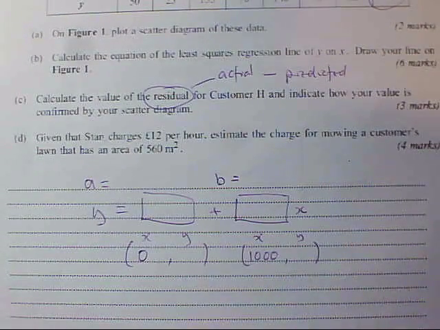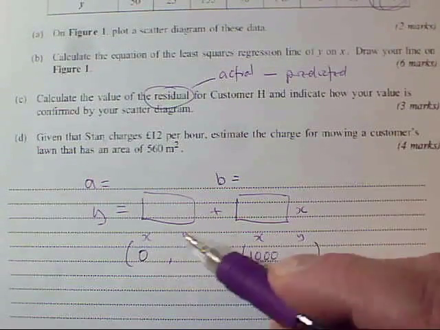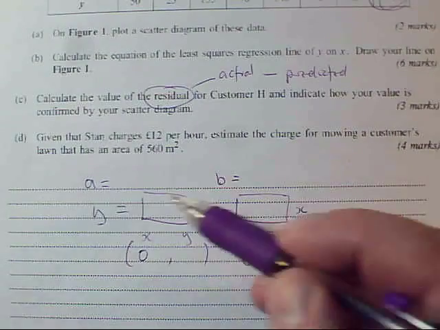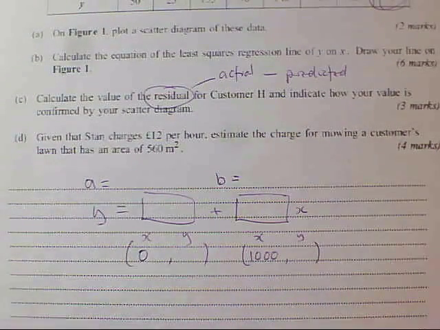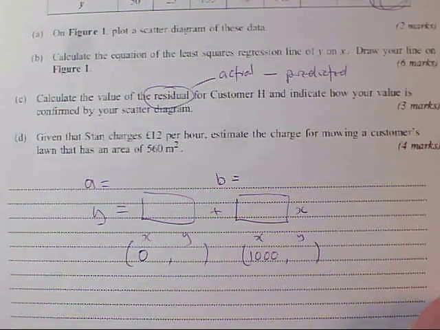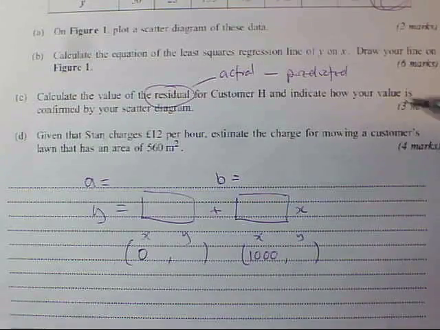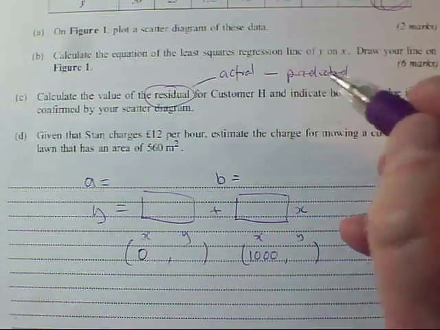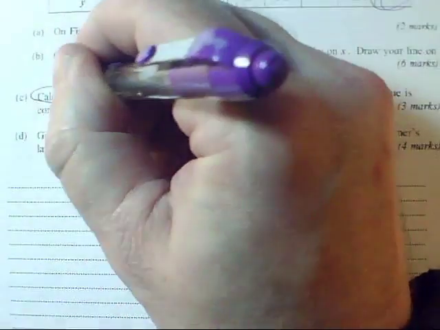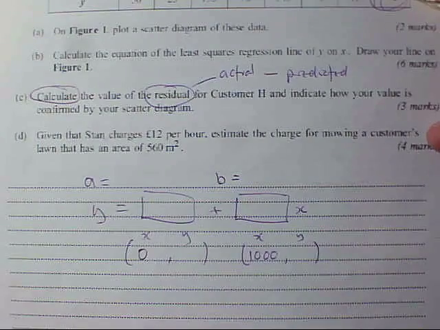So the actual value of Y for H is given here. You're going to take away the predicted value of Y, which you should get from the regression equation by substituting the X value in. It is possible to take a reading off your graph as well, but this is a more accurate way of doing it. So having done the calculation, we want to calculate the value of the residual, so you do have to do it with the equation and the value from the table here.